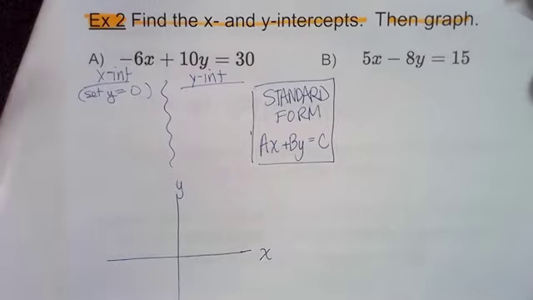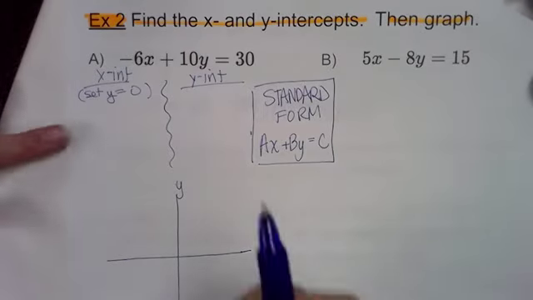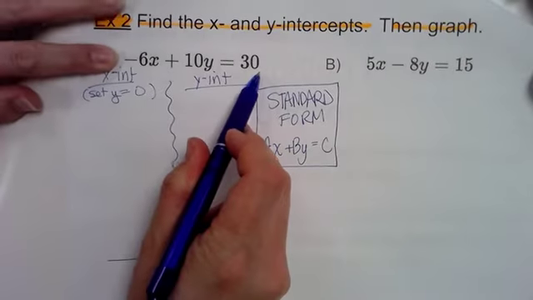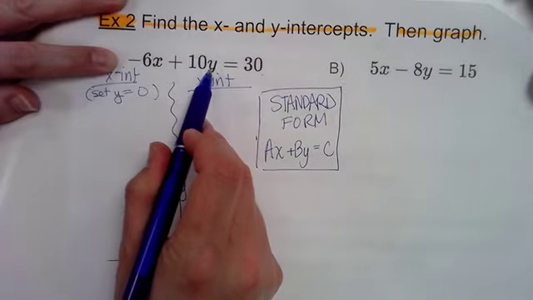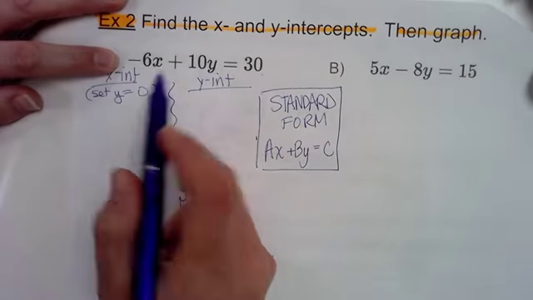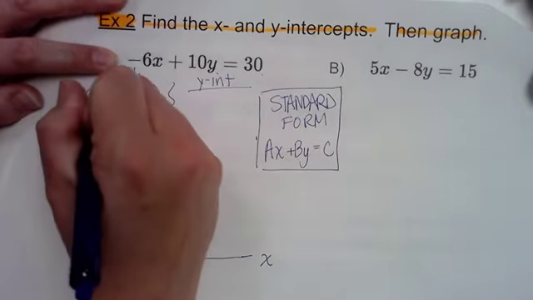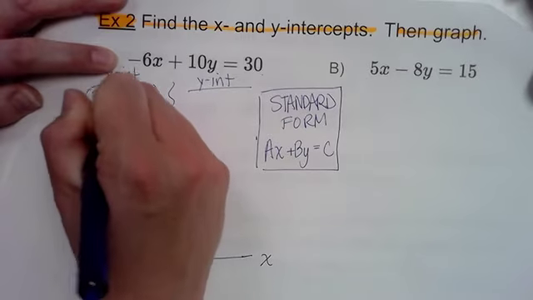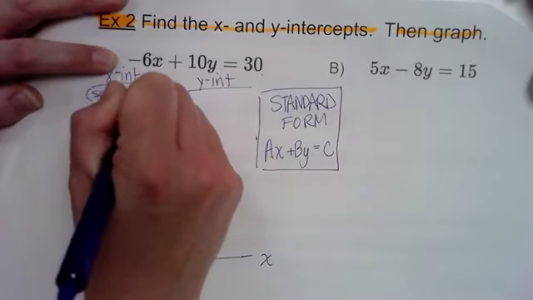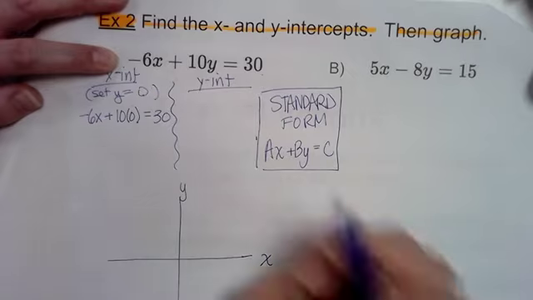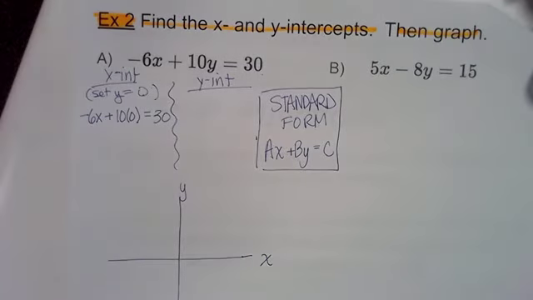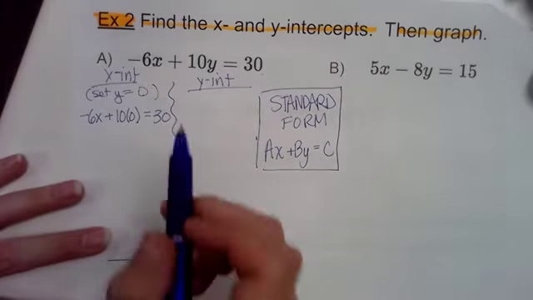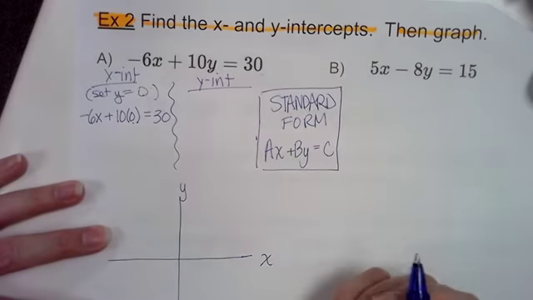That's all I have to do. So I'm going to take my equation, and I'm going to exchange the y with a 0, or plug in 0 for y, however you want to say that. Negative 6x plus 10 times 0 equals 30. So instead of a y, we're plugging in a 0.